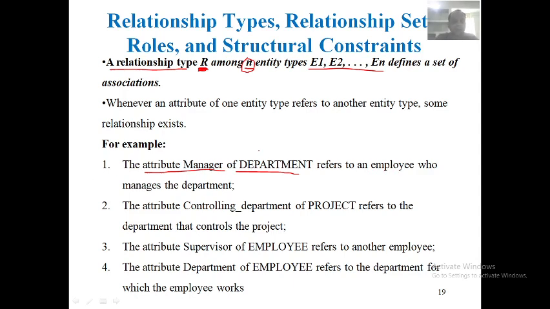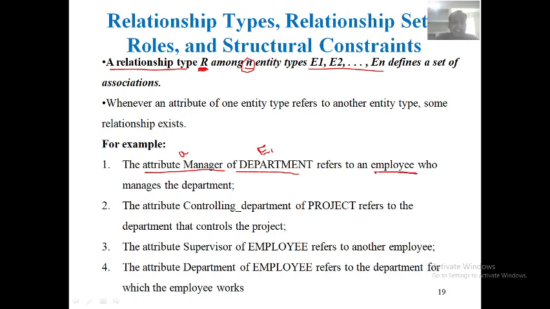So here department is E1, and A is an attribute of department which refers to the employee table.